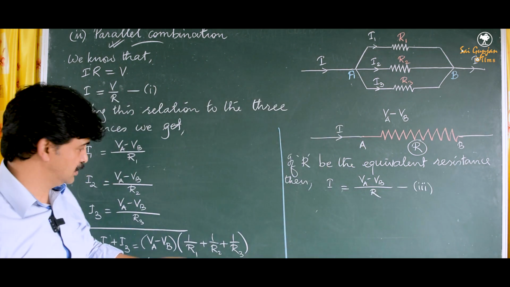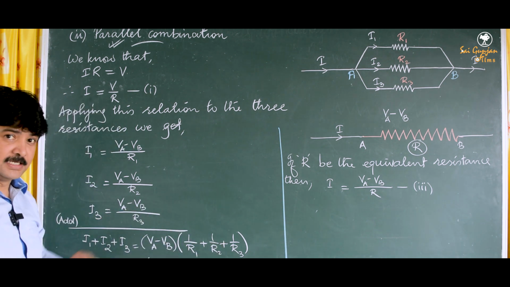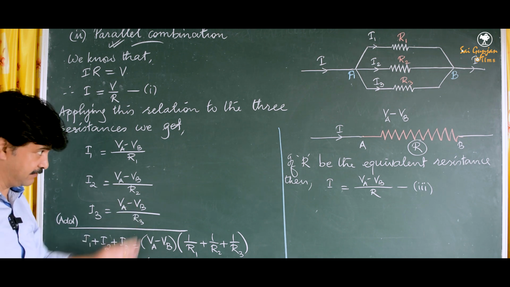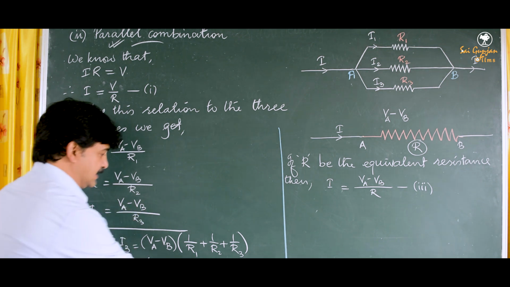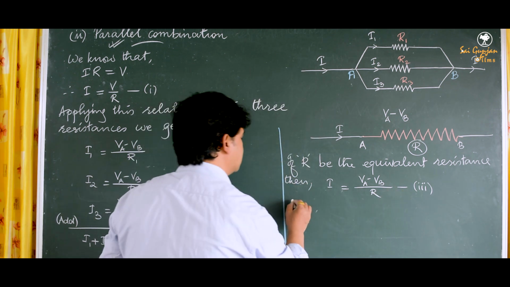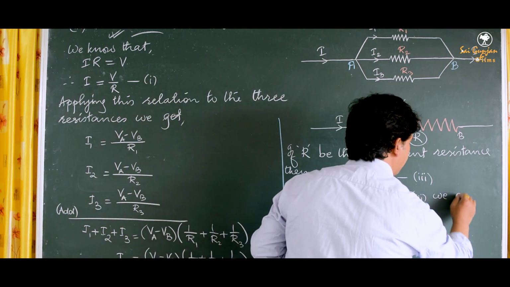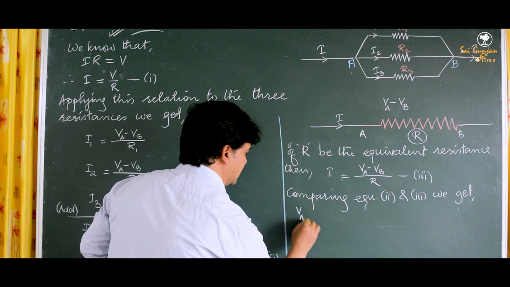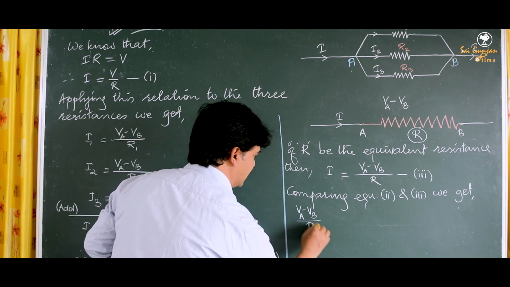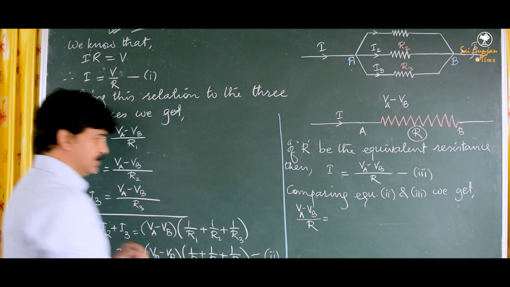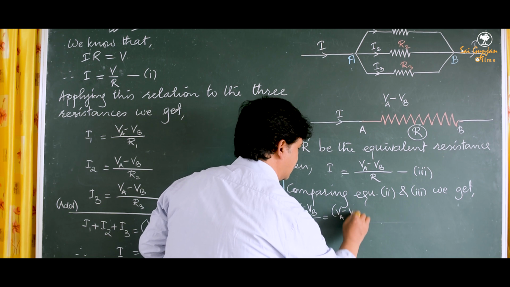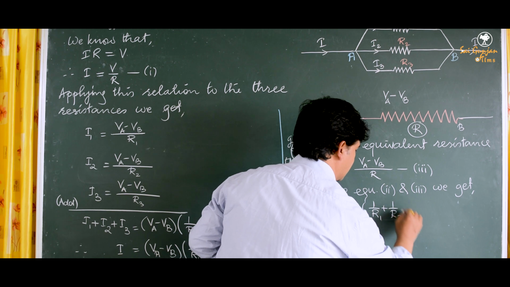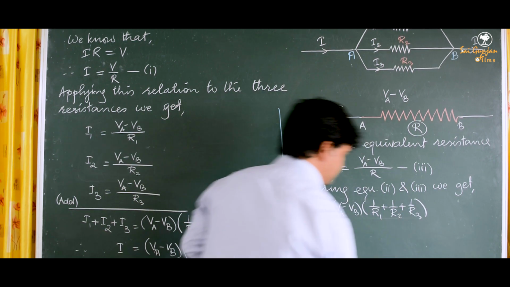Now look at equation number 2 and equation number 3. They have the left hand side same, isn't it? So since they have the same left hand side, right hand sides must be the same. Now we get this: VA minus VB by R equals VA minus VB into 1 by R1, 1 by R2 and 1 by R3.